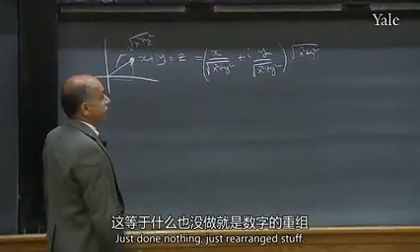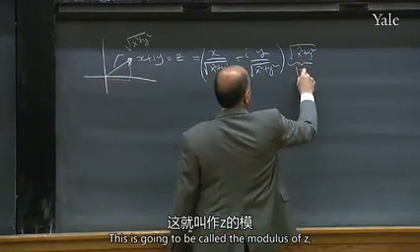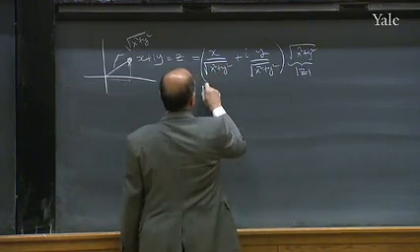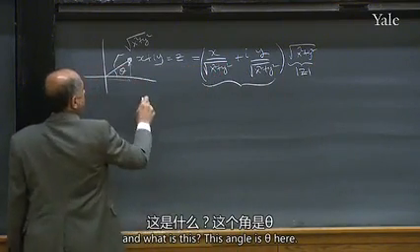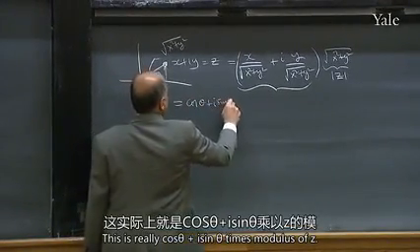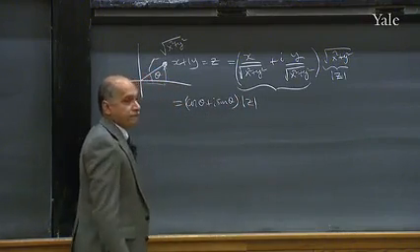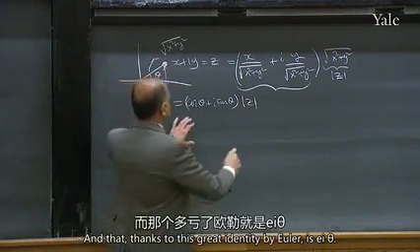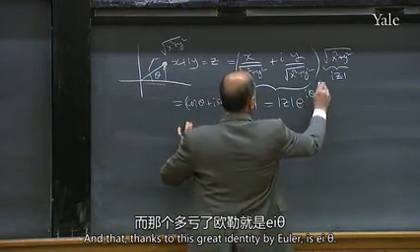Just done nothing, just rearranged stuff. This is going to be called the modulus of z. And what is this? If this angle is theta here, this is really cosine theta plus i sine theta times modulus of z. And that, thanks to this great identity by Euler, is e to the i theta.